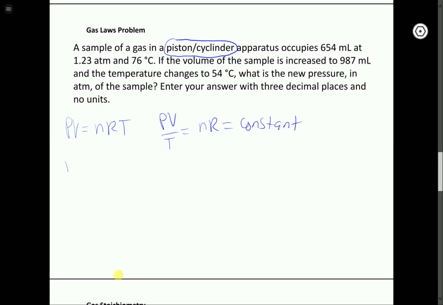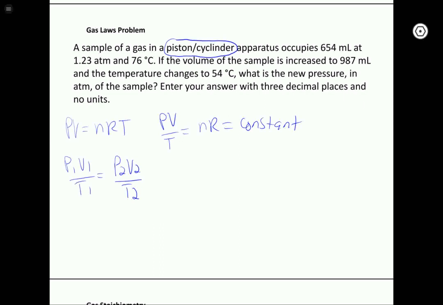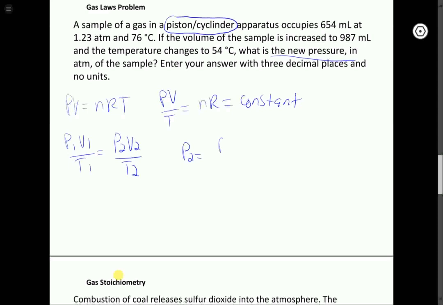So that means the relationship we're using here is P1V1 over T1 is equal to P2V2 over T2. So we take our initial and final conditions, set them equal to each other, and then what we're solving for here is the new pressure, which we'll call P2. So P2 is going to be P1 V1 T2 over T1 times V2. Okay?